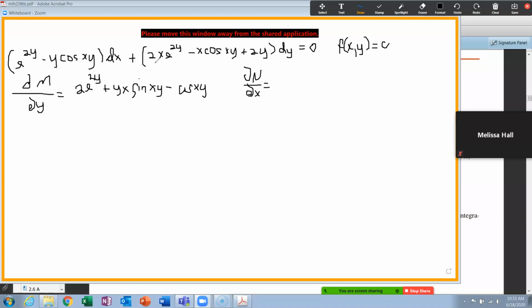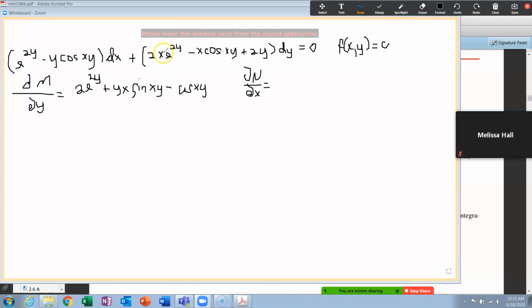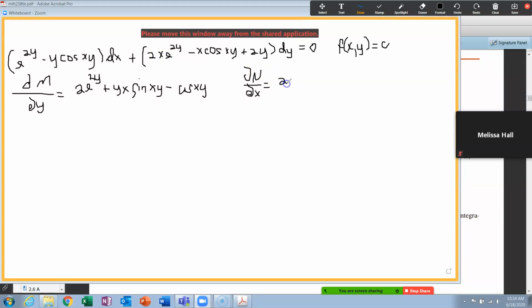Well, you might almost say we have a product rule, but we don't, because we're treating the y's as a constant. So this is x to the first power with a big coefficient in front of it, 2e to the 2y. Derivative of that is just 2e to the 2y.